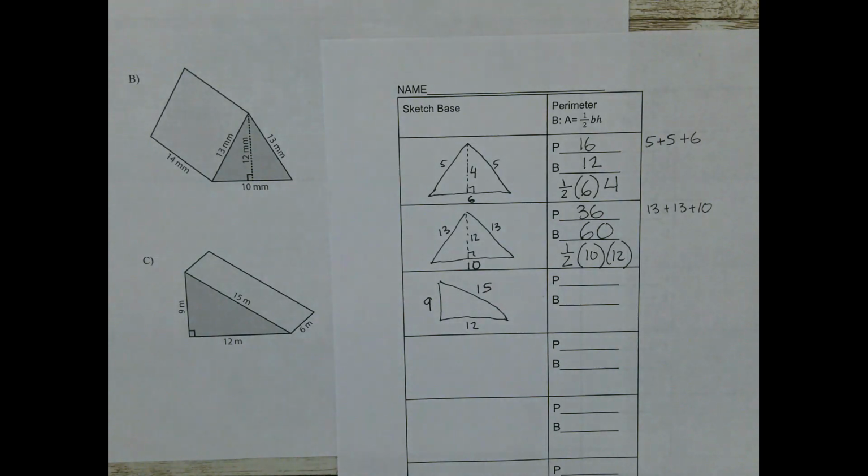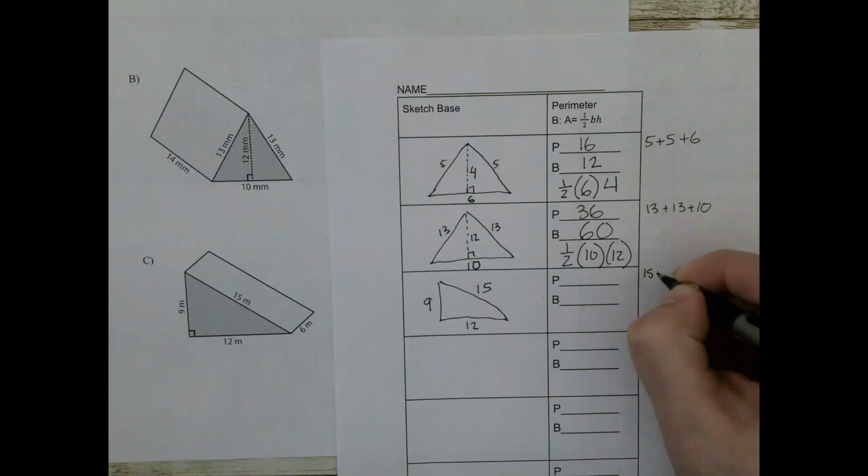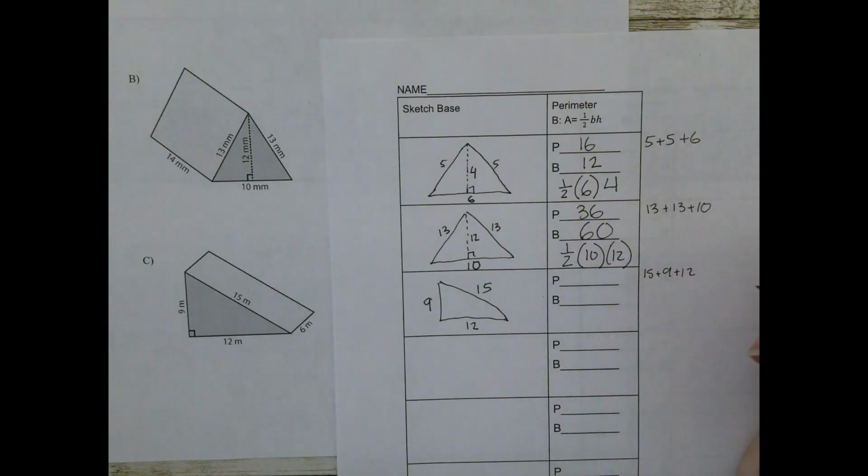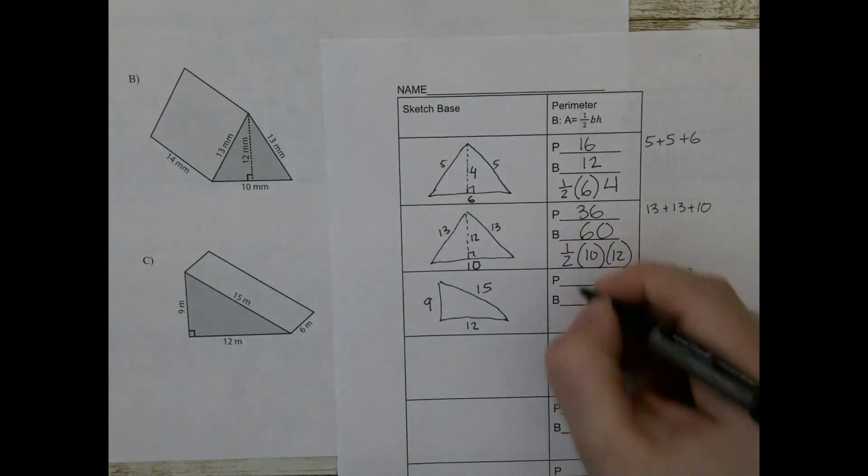So, 15 plus 9 plus 12, what would the perimeter be of this triangle? Very good.